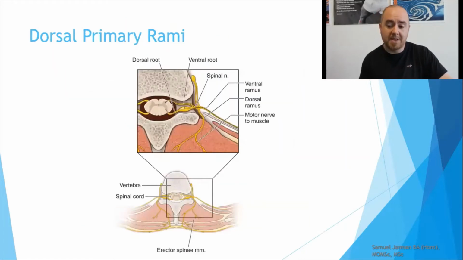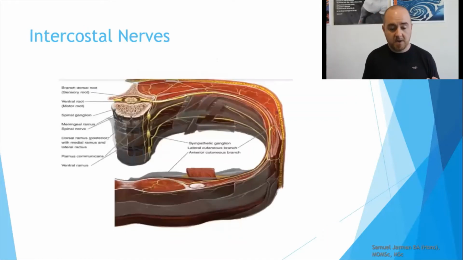Now, as far as the erector mass and the paravertebral musculature, very generally speaking, what you're considering here is the dorsal primary rami at the appropriate level. Then you are thinking about the intercostal nerves for the majority of the abdominal muscles. So the majority of the innervation to lumbar side bending and rotation is going to happen in varying areas.